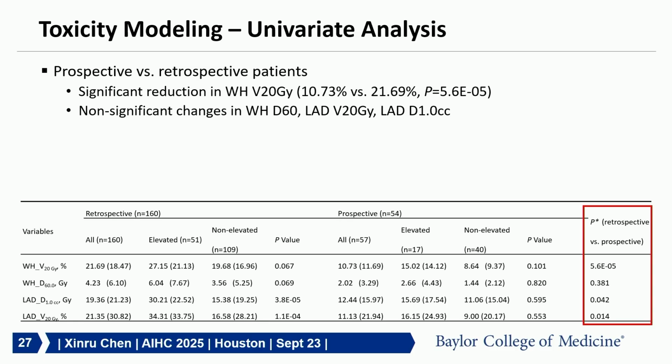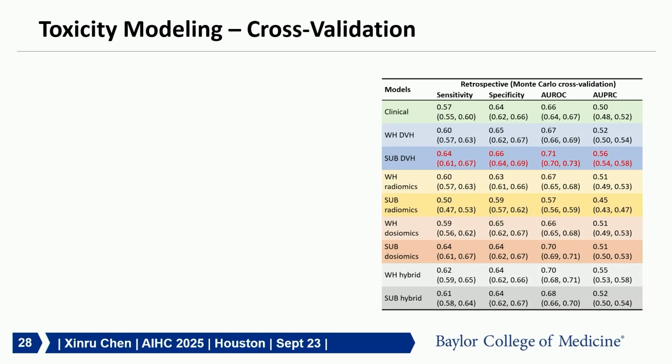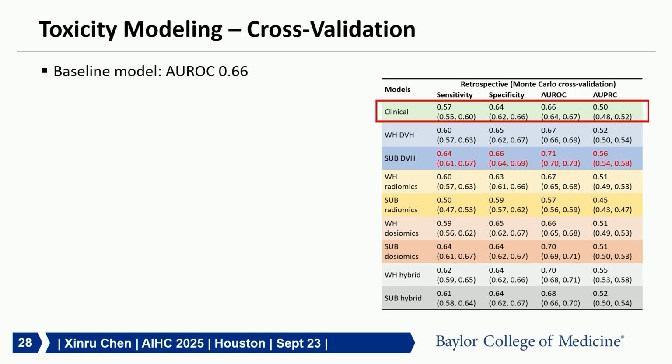In the univariate analysis, comparing the prospective versus retrospective patients, we identified a significant reduction in the whole heart V20 Gy, which represents the effort we spent on reducing the whole heart dose during the years. However, there were non-significant changes in the LAD V20 Gy and the LAD D1cc, which were identified as the most significant predictors for the elevation.